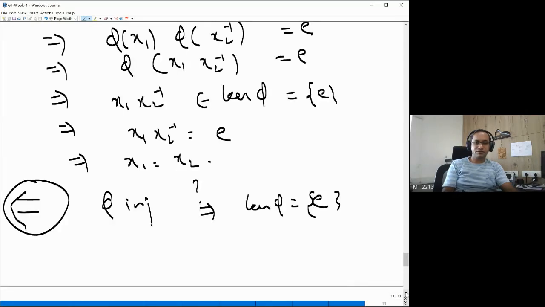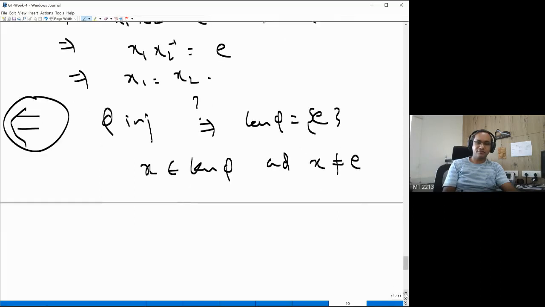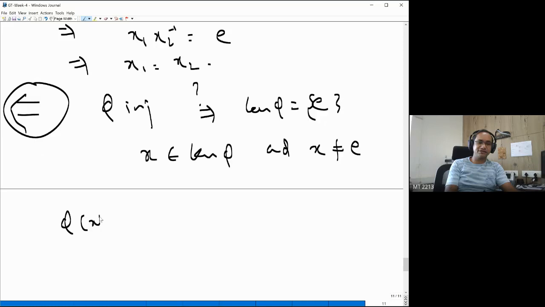So suppose there is some non-trivial element in the kernel of phi. Suppose x belongs to the kernel of phi and x is not equal to identity. But then phi of x is supposed to be identity, right?